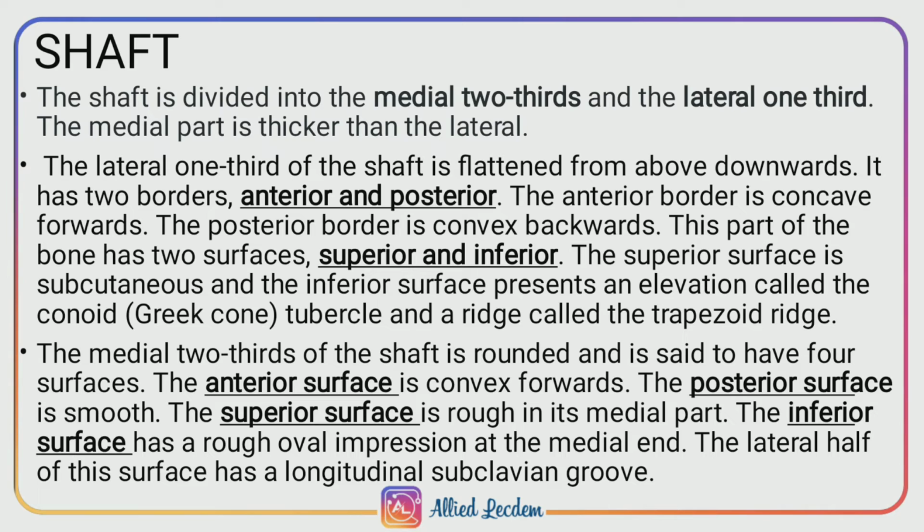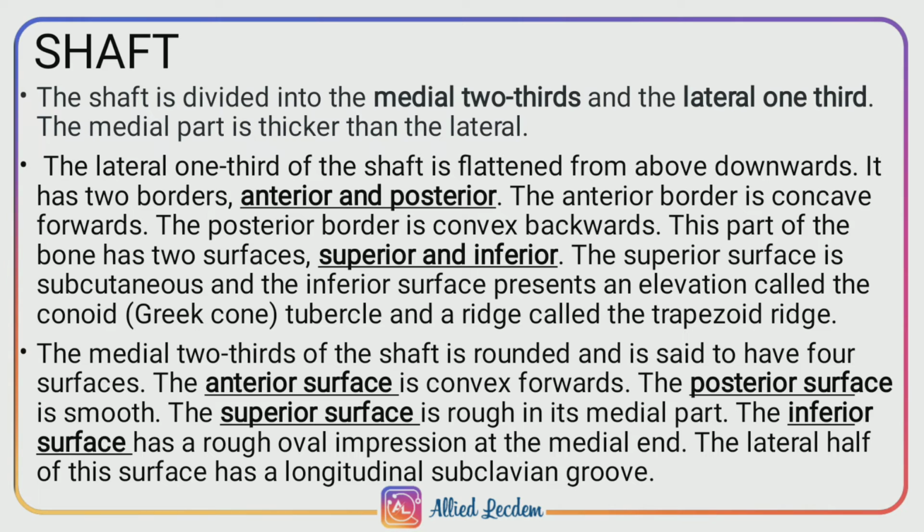The lateral one-third of the shaft is flattened from above downwards and it has two borders, namely anterior and posterior. Anterior is concave forward, whereas posterior is convex backward, and it has two surfaces, namely superior and inferior. Superior is subcutaneous, whereas the inferior has an elevation called conoid tubercle and a ridge called trapezoid ridge.